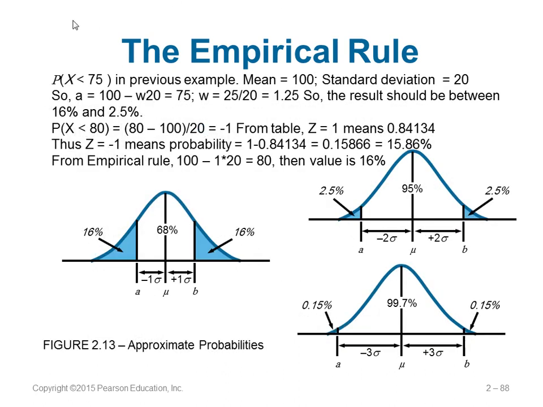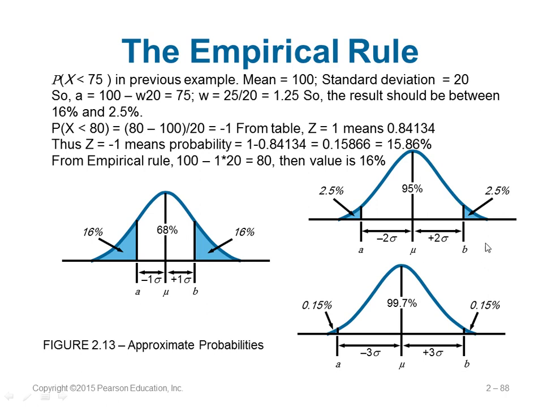So you can see here, if you want to calculate for less than 75, the mean is 100 and the standard deviation is 20. You can calculate 100 minus w times 20, and you calculate w here, which is 1.25. 1.25 means it is between 1 and 2. And you can say it's between 16% and 2.5%.